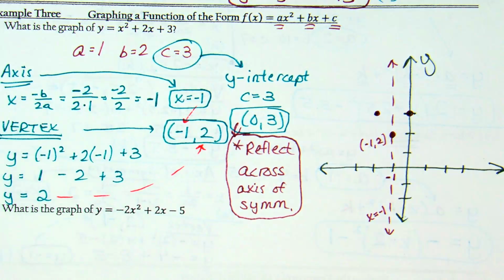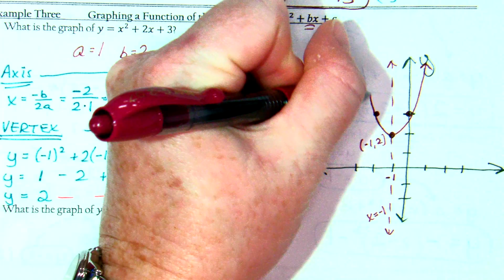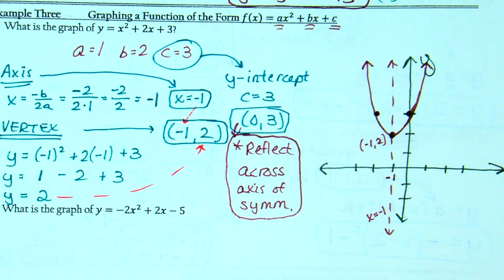Is that set up to be my vertex? Yes. Which way is my parabola set to open? Up. Should it open up? Yes, because A was positive. It should look something like that.